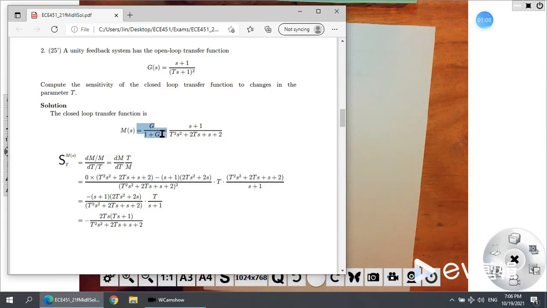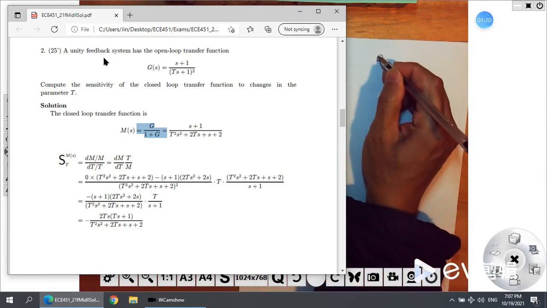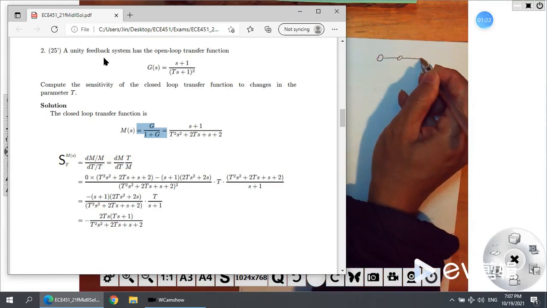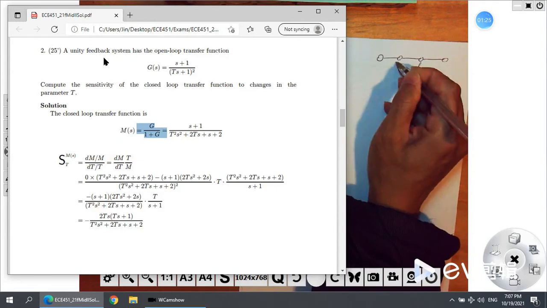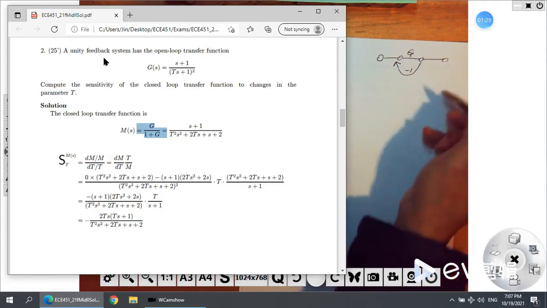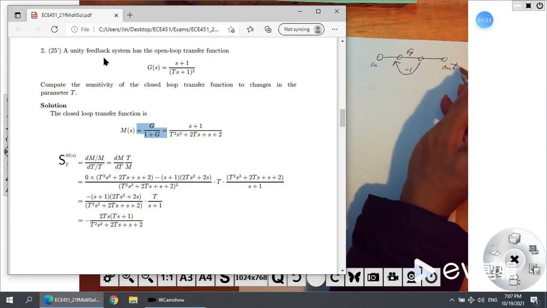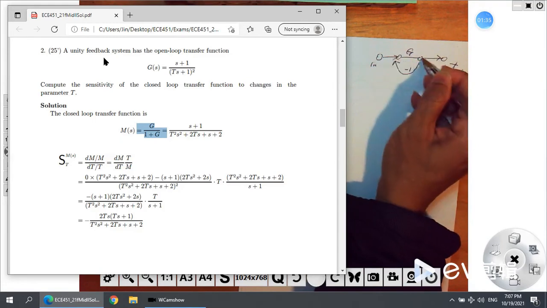Then it will be g over 1 plus g, because the system is a unity feedback system, right? So you need to make sure you know what a unity feedback system is, like here's a -1, here's a g, right? Things like that. This is the input, this is the output.